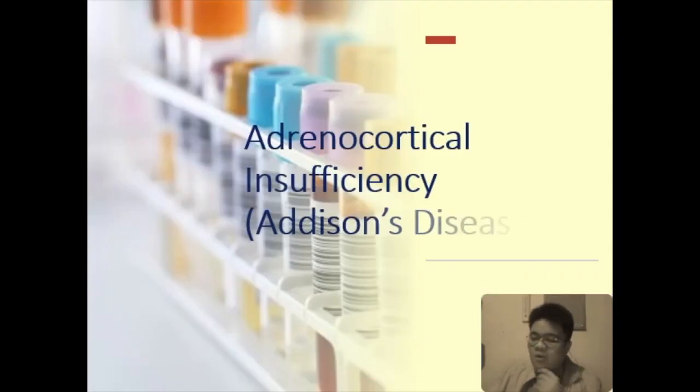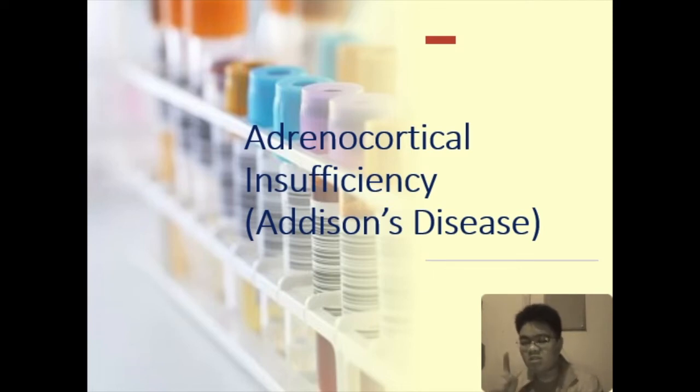Now, I hope that you are familiar with those hormones that I've been talking about. So again, when I talk about the medulla, it releases your catecholamines, and examples of your catecholamines are epinephrine and norepinephrine, which are important for sympathetic response. And then your adrenal cortex would produce steroids.